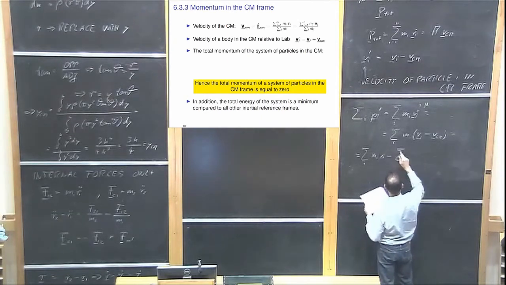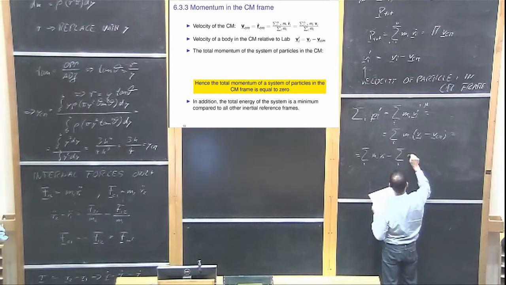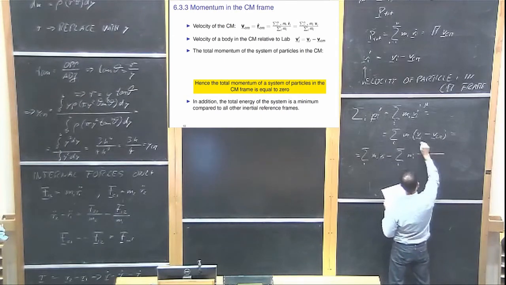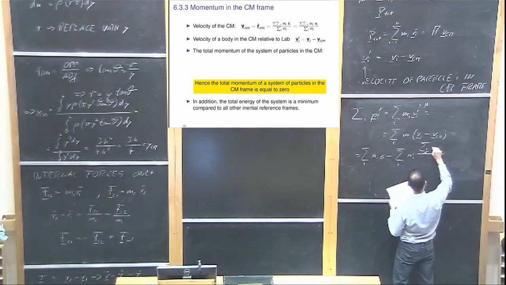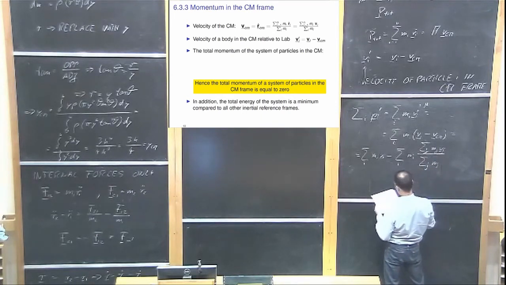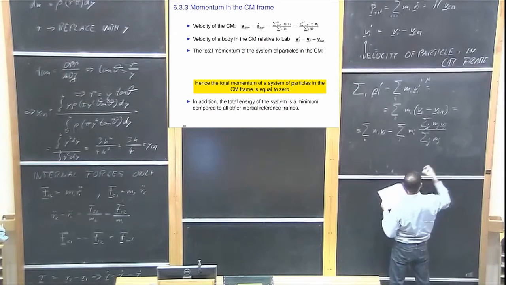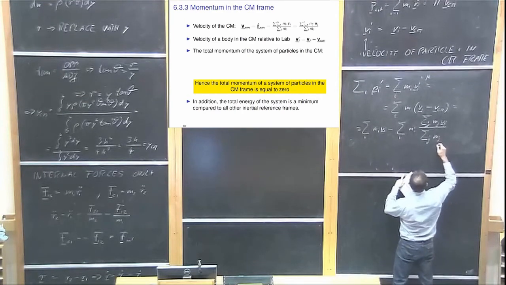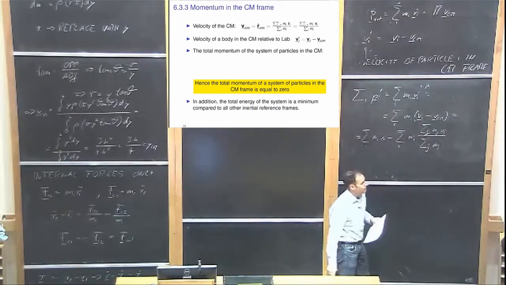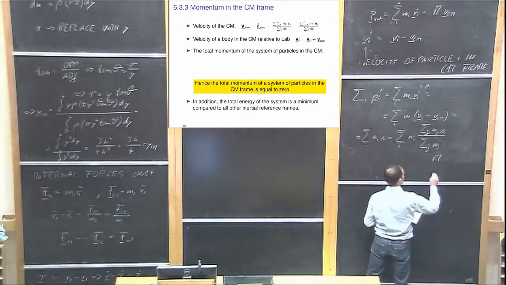So it's the sum over i of m_i, and this term is another sum over j, m_j V_j over the sum over j of m_j. So this one, if I sum up over all masses here, I get the total mass.